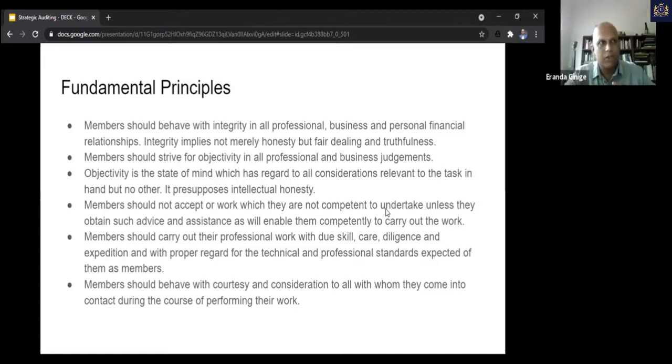Sometimes you might be asked to do an HR audit. If you don't have the competency to do it, then you should say no. Right? If not, you have to take advice and assistance from experts who have that expertise and the knowledge and the competency of doing that. Right. So that's another important thing.